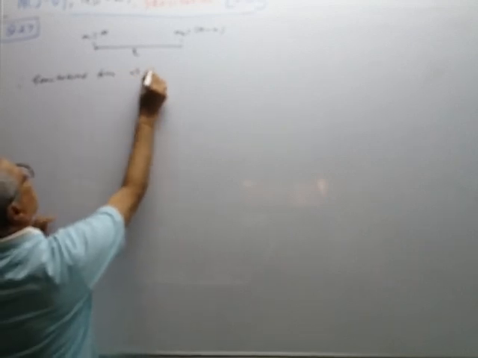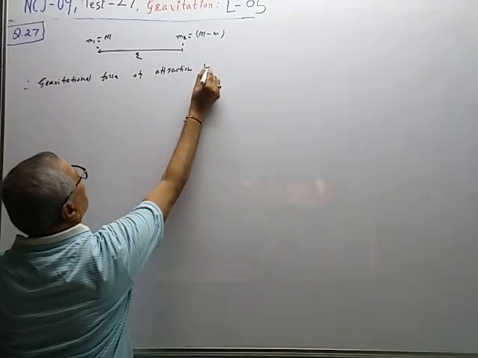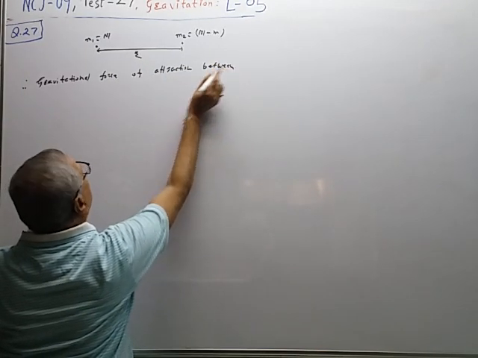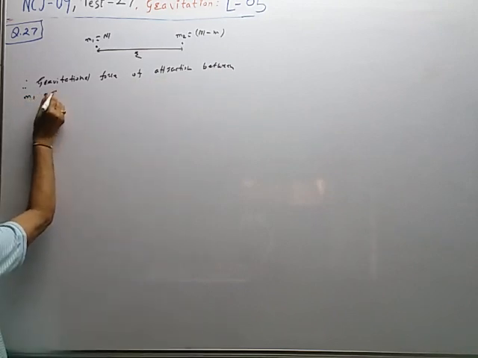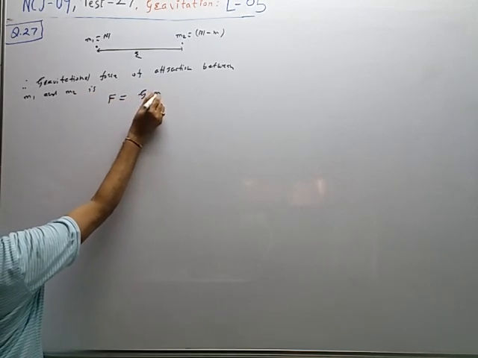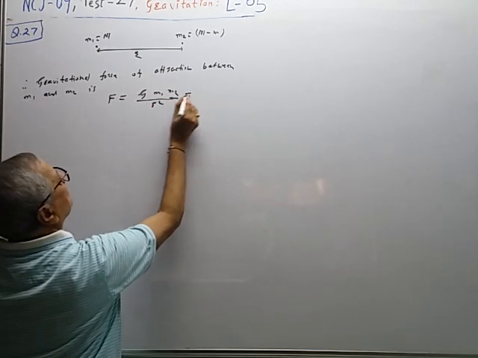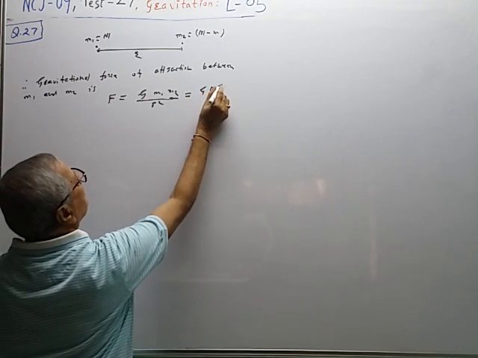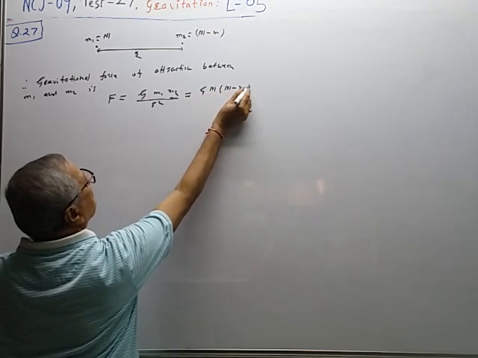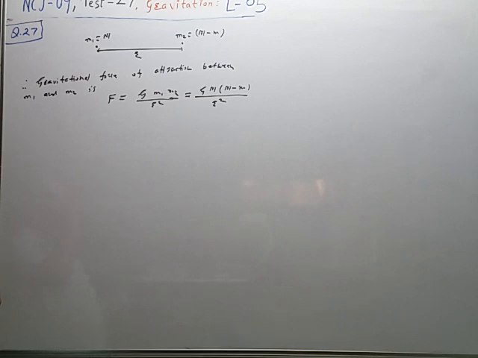So the gravitational force of attraction between m1 and m2 is F is equal to G m1 m2 upon r square, which is equal to G into m times (M minus m) upon r square.